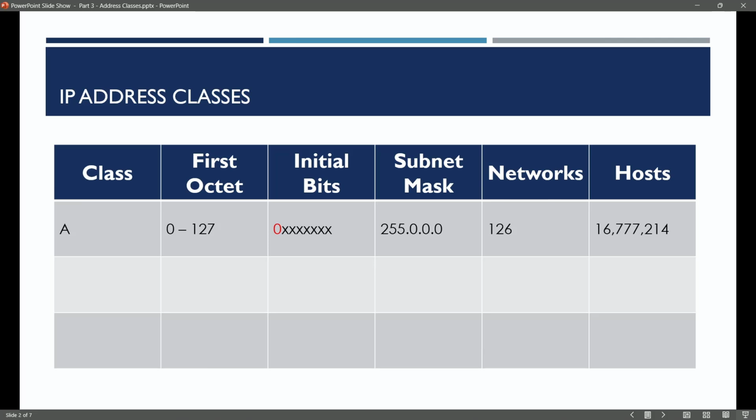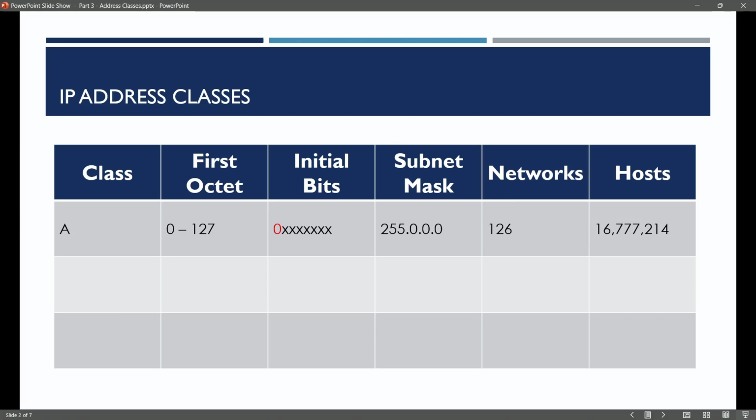Wow, so Class A defines a small number of very, very big networks. And we remember a numbering scheme like this, we would want to subnet it, because we don't want 16 million hosts in a subnet. In fact, we don't even want to get close to that number of hosts in a subnet.